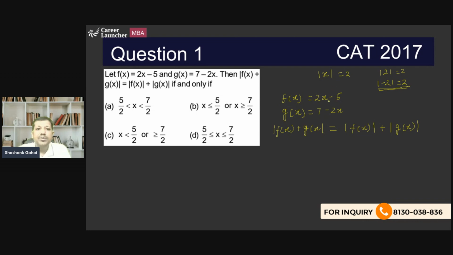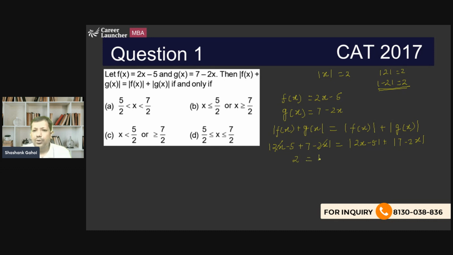So I'm simply going to plug in the values. So mod of 2x minus 5 plus 7 minus 2x is equal to mod of 2x minus 5 plus mod of 7 minus 2x. Okay. Fair enough. So here 2x cancels out. I got mod of 2, and mod of 2 is going to be 2.